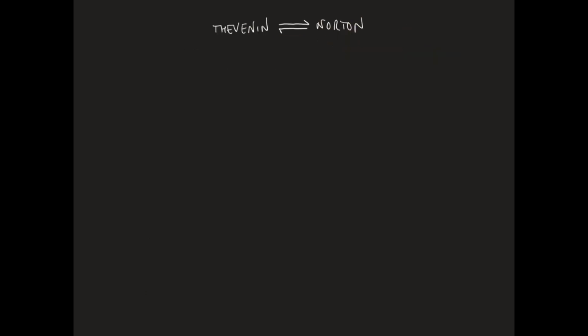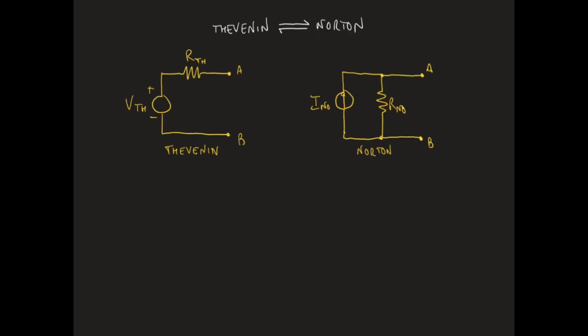Since any two-terminal linear network can be represented both through a Thevenin equivalent circuit and a Norton equivalent circuit, it should be possible to go from one equivalent representation to the other one, and it actually is.